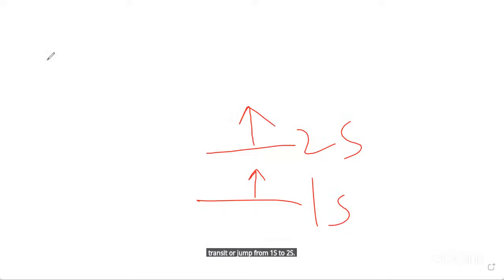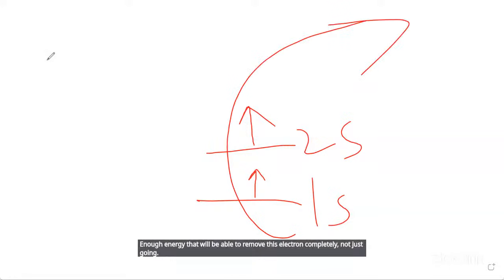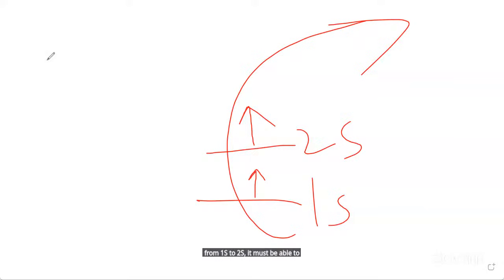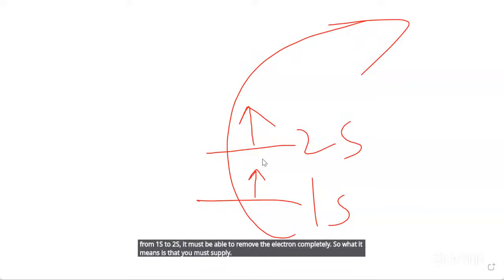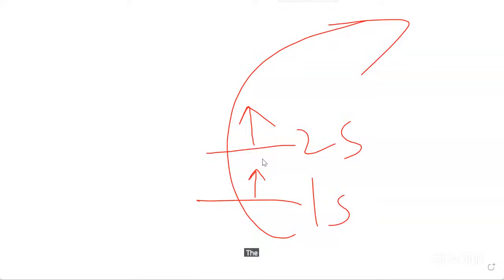But for ionization energy to occur, you must apply enough energy to remove this electron completely. Not just going from 1s to 2s, it must be able to remove the electron completely. So you must supply the required amount of energy.